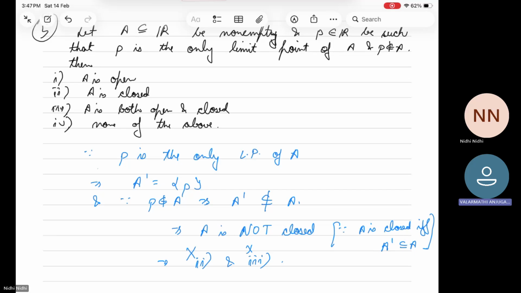Yes, ma'am, it is open. How? So an open set is a set such that all of its points are interior points. So will it be open?